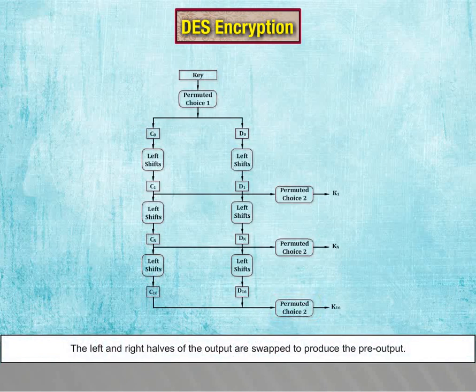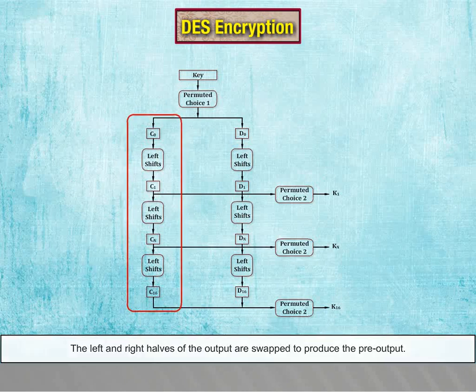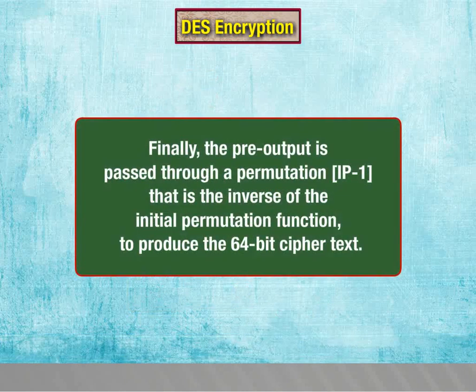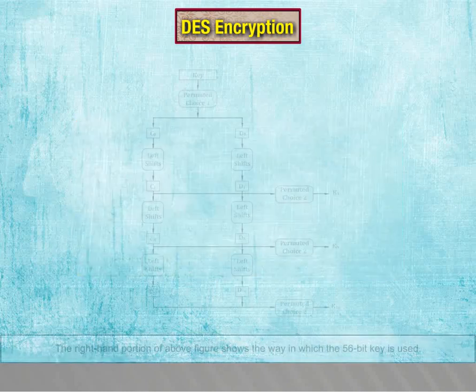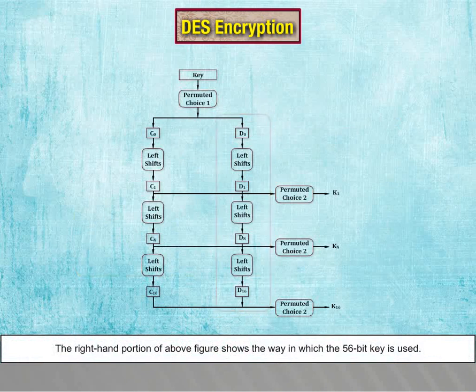The left and right halves of the output are swapped to produce the pre-output. Finally, the pre-output is passed through a permutation IP-1, that is the inverse of the initial permutation function, to produce the 64-bit ciphertext. The right-hand portion of the figure shows the way in which the 56-bit key is used.